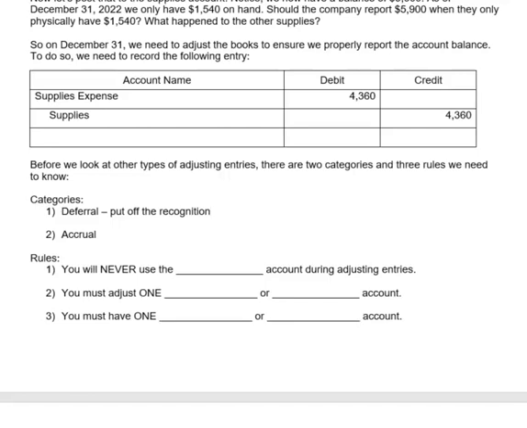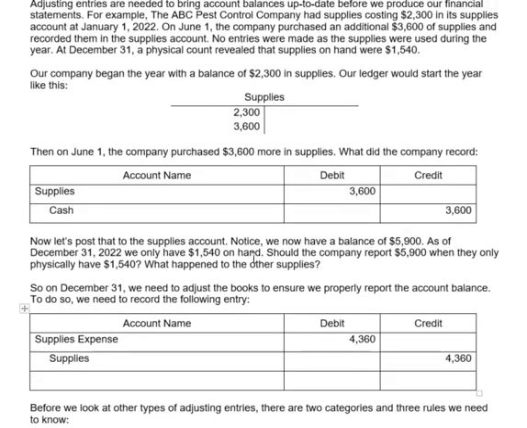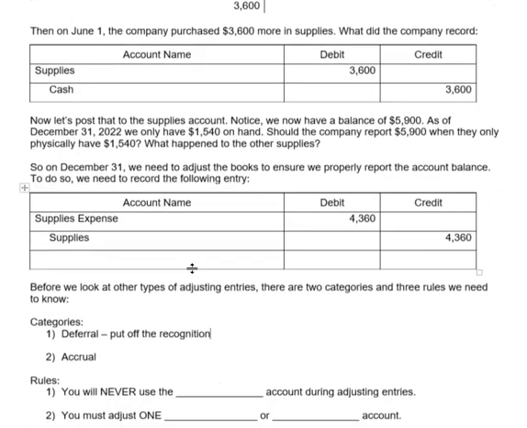We recognize expenses in the period they help us generate revenue. So if you buy $3,000 in supplies, you only need to expense the portion of those supplies this year that helped you to generate revenues, and then put off the recognition of the remainder. So basically we're putting off the recognition of the $1,540, what we had on hand, until next period when we use them to generate revenues.